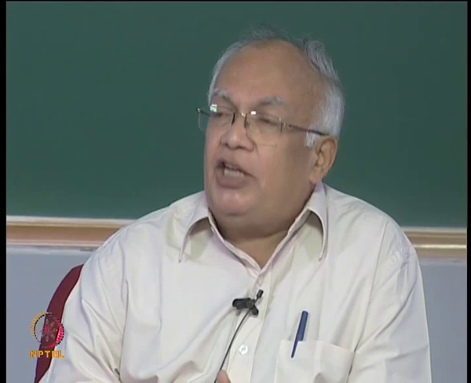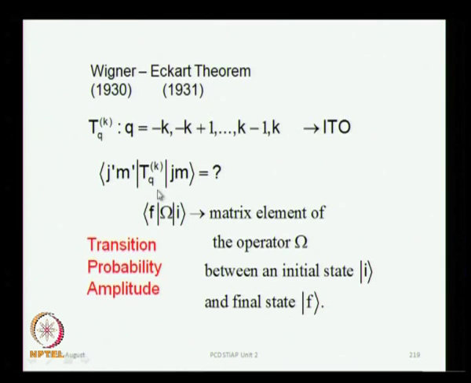It is physical interactions which cause the transition of a quantum system from a certain initial state to a certain final state, and this is denoted by a matrix element of this kind: if omega is a certain operator which corresponds to a physical interaction which induces a transition from an initial state to a final state, then this matrix element is a measure of the probability amplitude for transition from the state I to the state F.